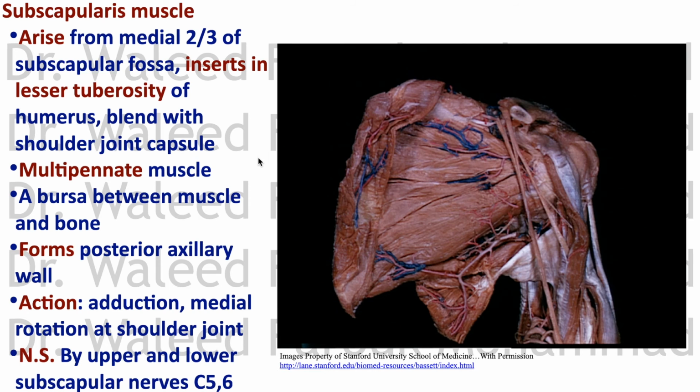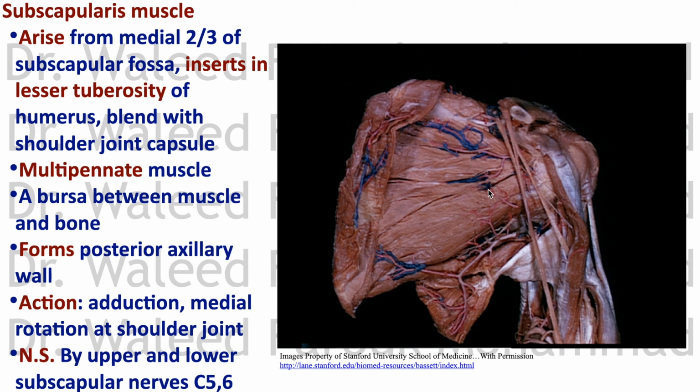The subscapularis muscle, all this is the subscapularis muscle. It's a multipinnate muscle, arises from the medial 2/3 of the subscapular fossa and inserts in the lesser tuberosity of the humerus and blends with the shoulder joint capsule. Remember the rotator cuff muscles we discussed in the shoulder joint?